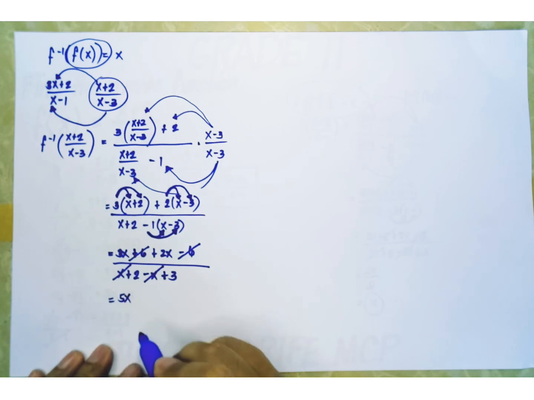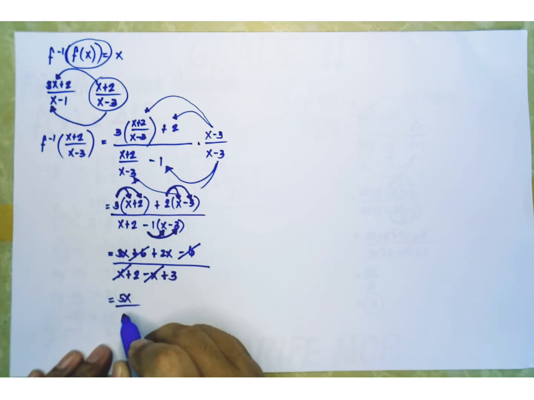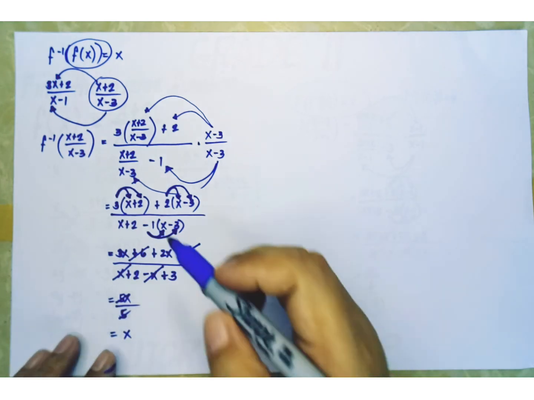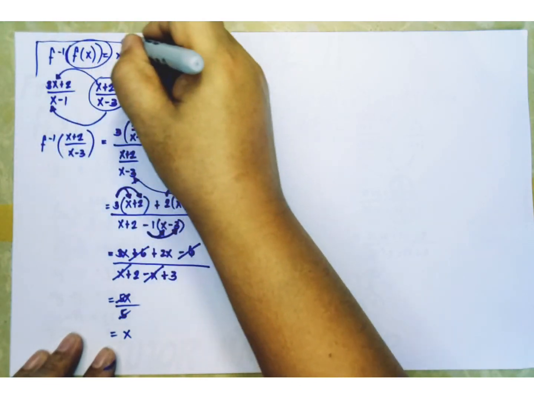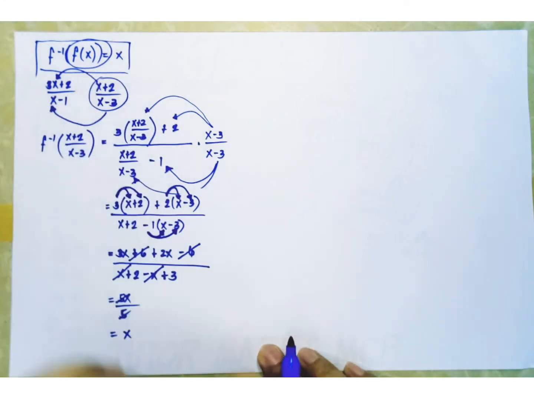It's 5x. And positive 2 plus 3. Below the horizontal line, we have 5. Reduce the result by 5. We get x. Again, we have shown that f to negative 1 of f of x is equal to x.